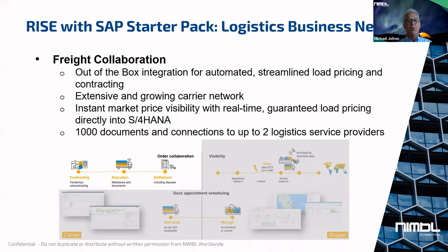All right, so what you're going to get with that, again, very similar to the Ariba integration, is out-of-the-box integration with S4HANA. It's automated and streamlined load pricing and contracting. So it's that front piece of integration with your logistics providers. You get access to the full carrier network. New carriers can be added if your carriers aren't on there.